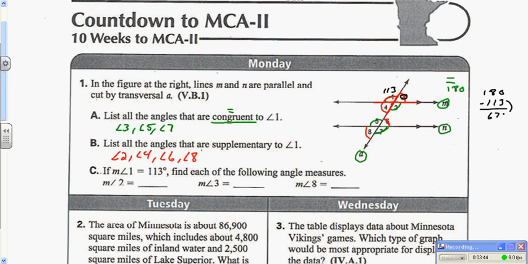Those two angles, these two right here, add up to 180. So 2, being the smaller of the two, would be 67. Angle 3 is the larger of the two, and also equal to angle 1, so that's 113. And angle 8, again the smaller of the two angles, must be 67.